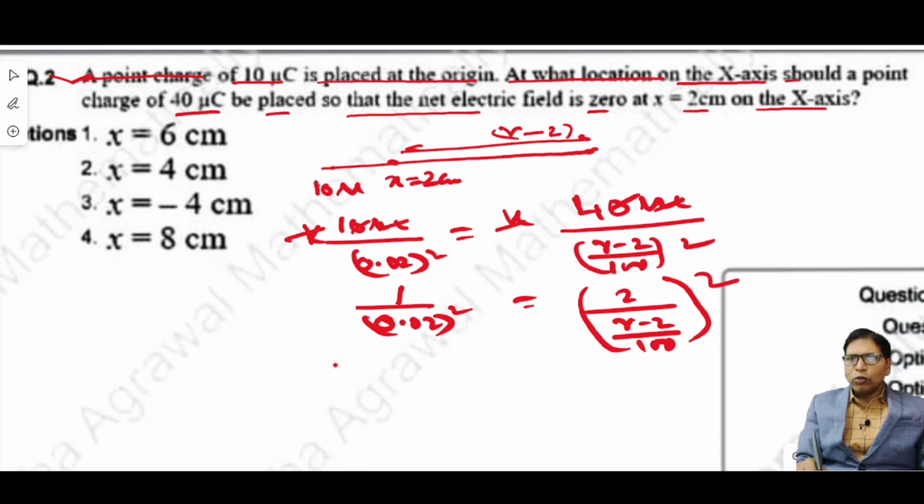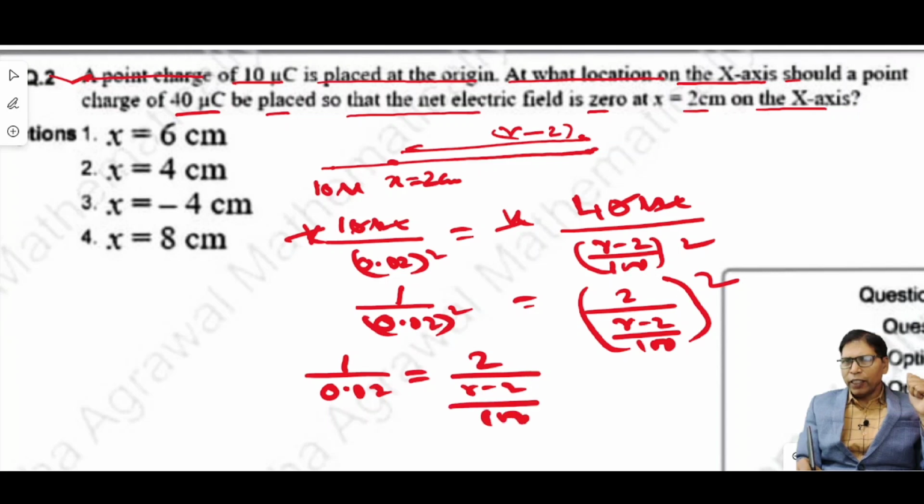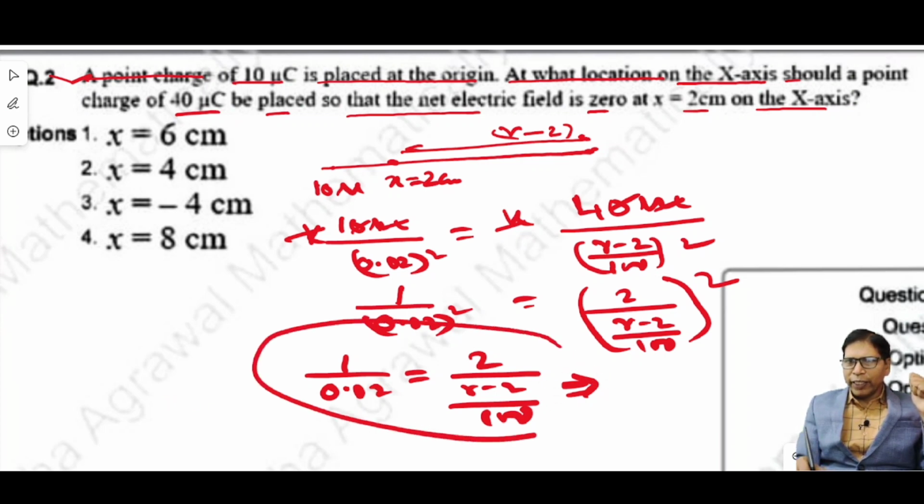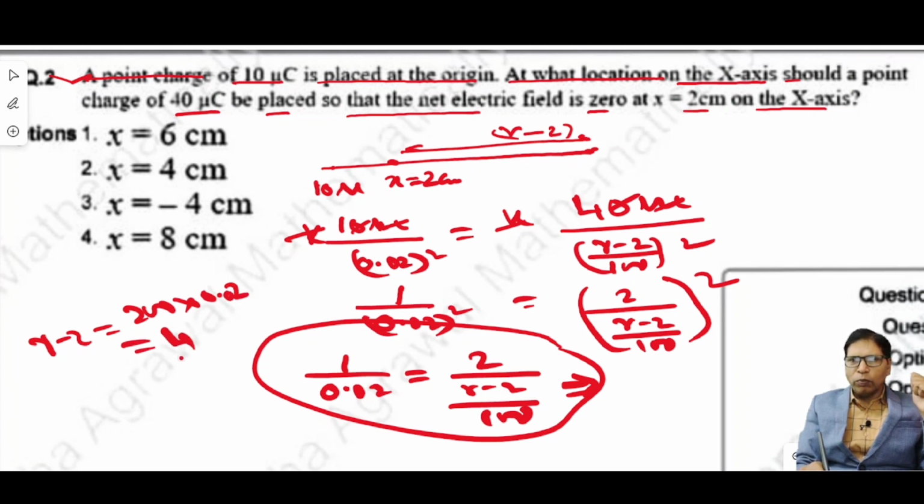Now look at this: 1 by 0.02 equals 2 by (r minus 2 by 100). From this condition, we can write r minus 2 equals 200 into 0.02, so this is 4.